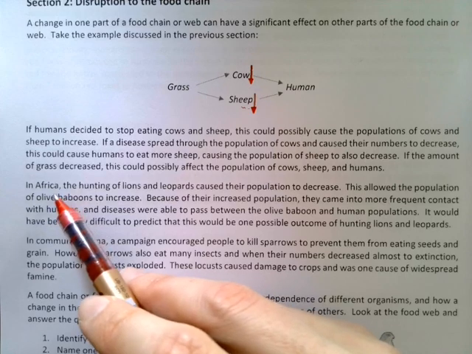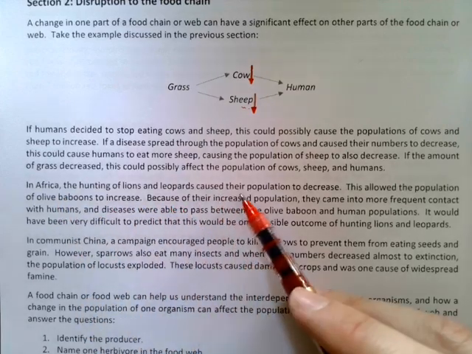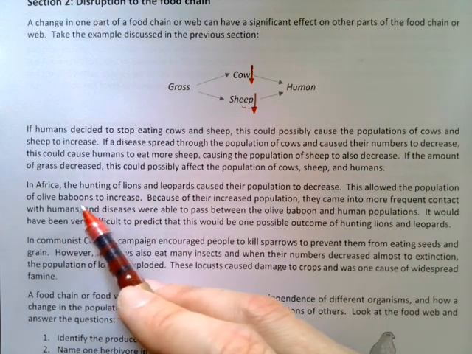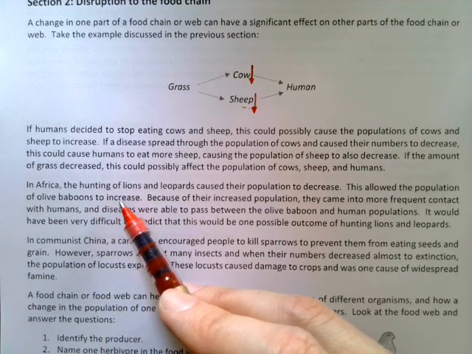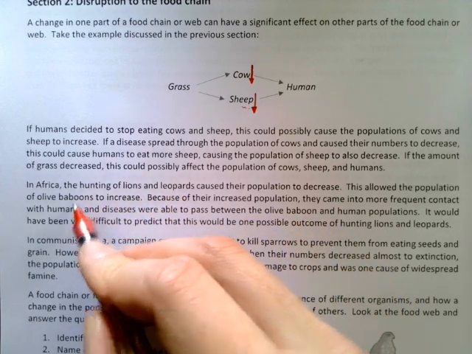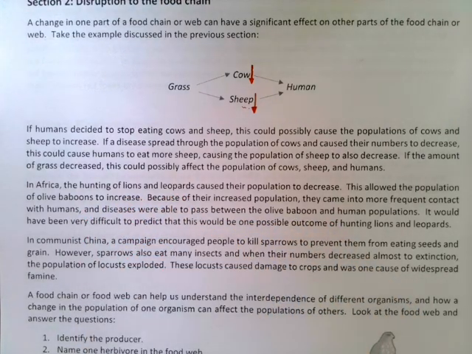So in Africa, the hunting of lions and leopards caused their population to decrease. This allowed the population of olive baboons to increase. The reason that happened is because lions and leopards are predators for olive baboons.